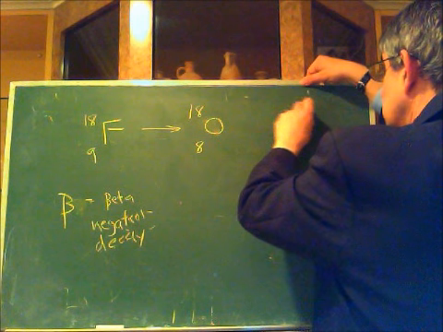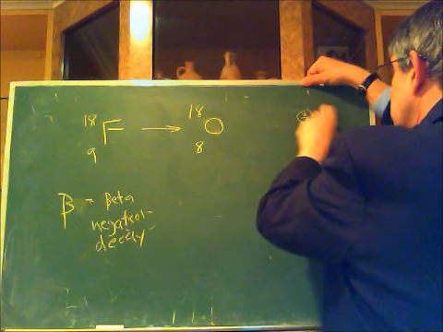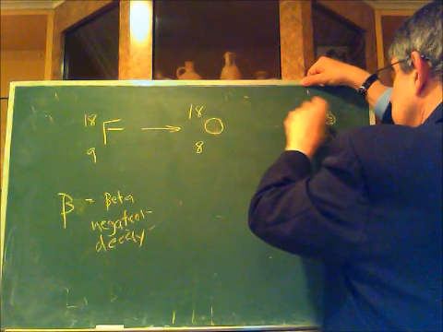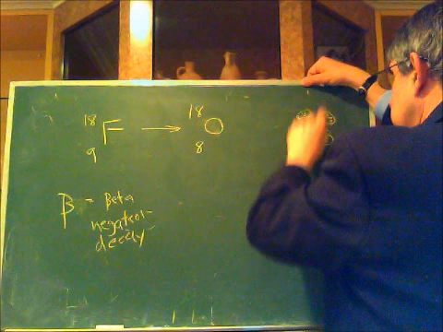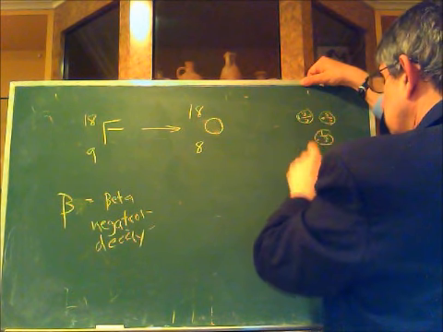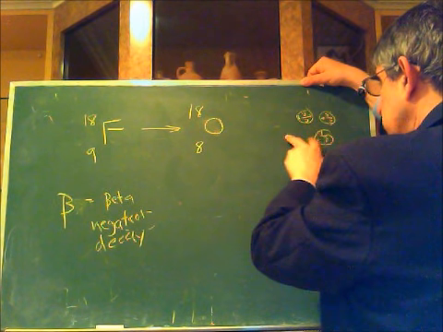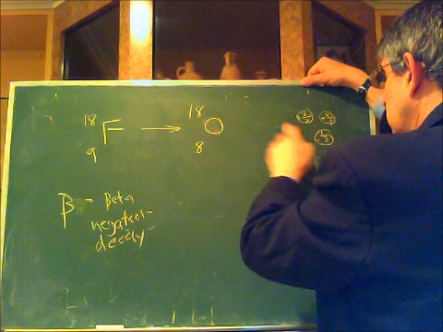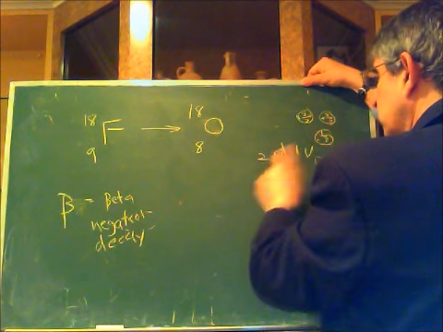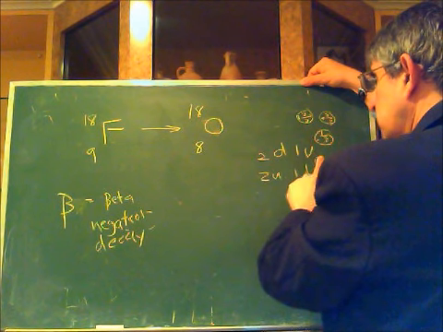We have three quarks, 2/3, 2/3, and minus 1/3. This is the proton, and in the neutron we have two downs and 1 up. So we had 2 downs and 1 up, and we flipped one of them to give us 2 up and 1 down. That was beta decay.